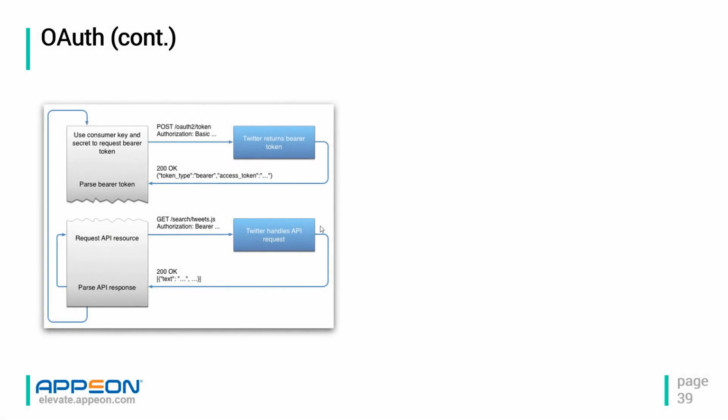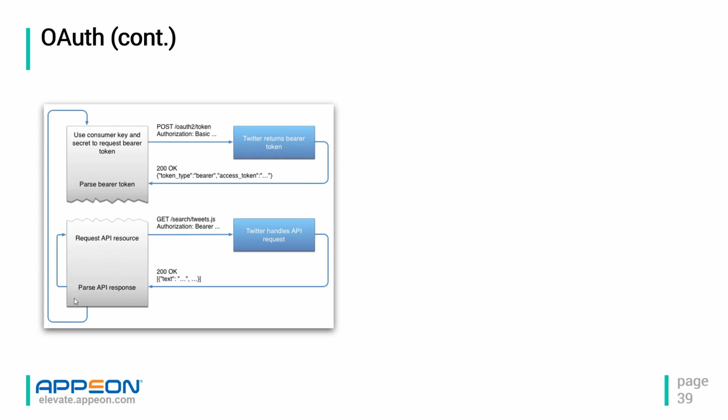Here's another example of how that works. You put your consumer key and secret together. You send it over through basic authentication. Twitter returns this token to you. So now you have a token. Now down here, this is the thing you call over and over again. Now notice this loop here. This part isn't called again unless the token expires.